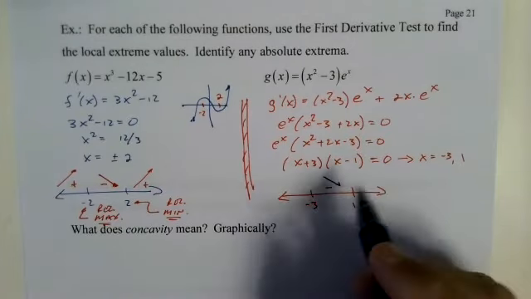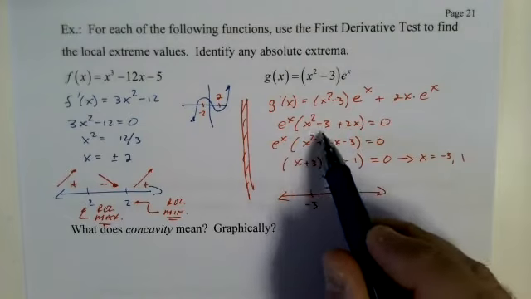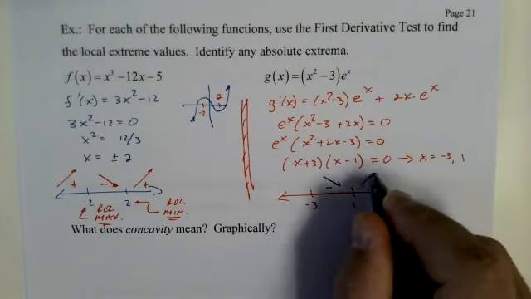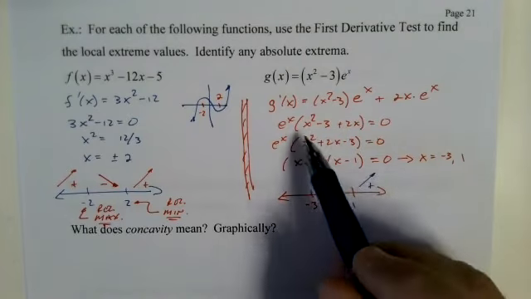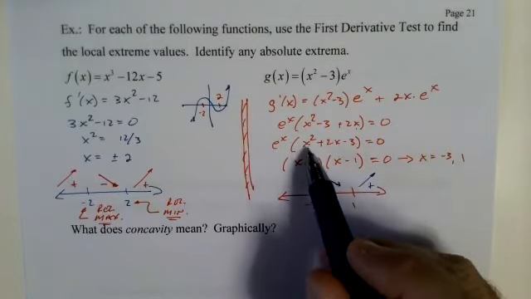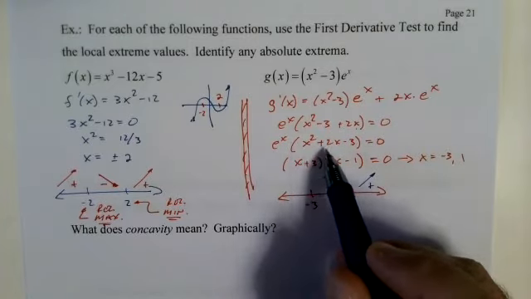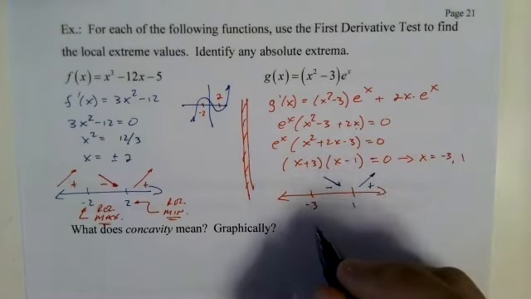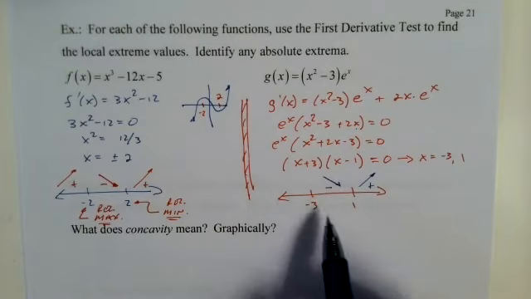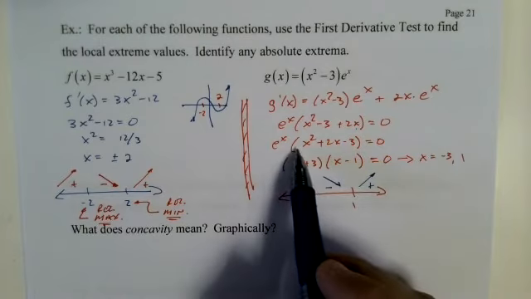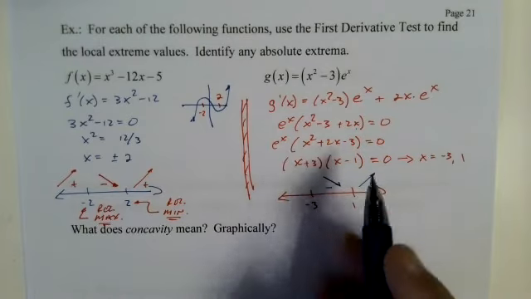Plug in 2. 4 minus 3 is 1, positive. Now -2 is going to change everything, so I'm going to plug it in here. 4 plus -4 minus 3, so I got negative. It's because I plugged in -2 like a knucklehead. How about -10? I get 100 minus 20, that's positive.